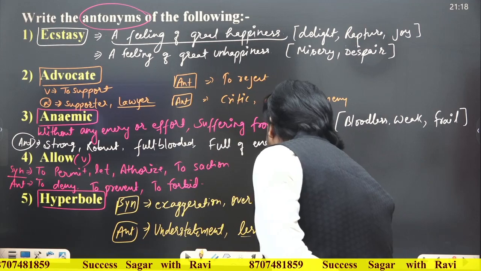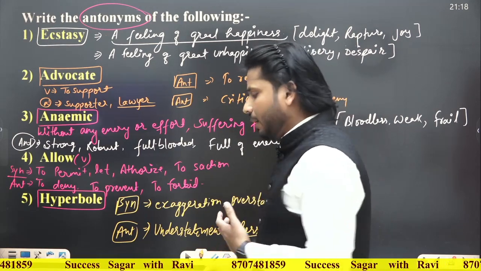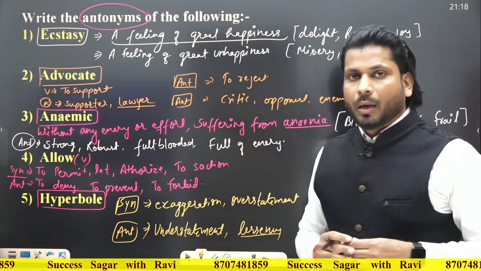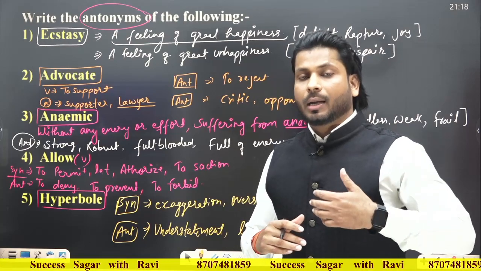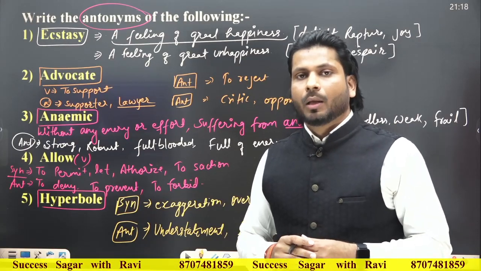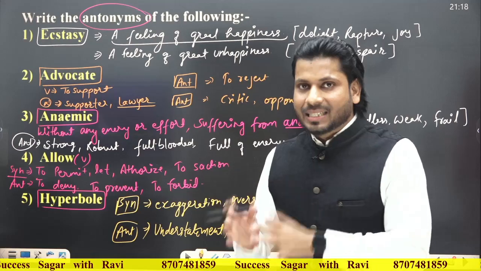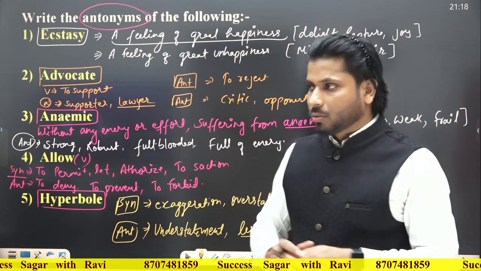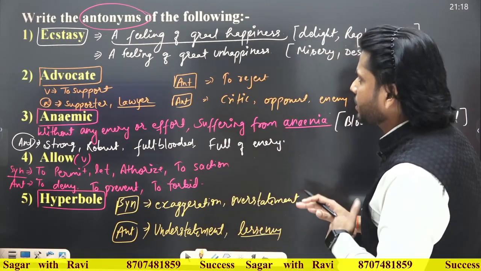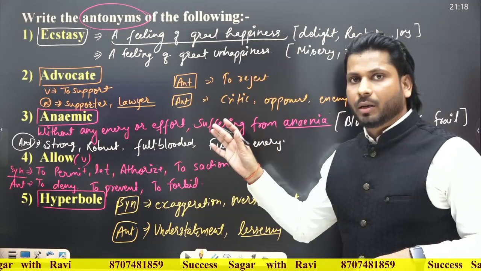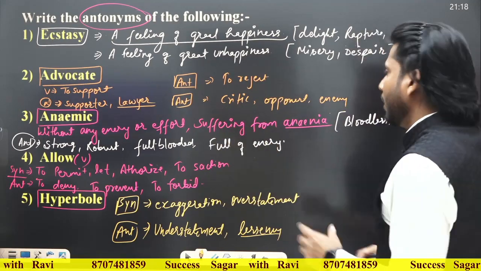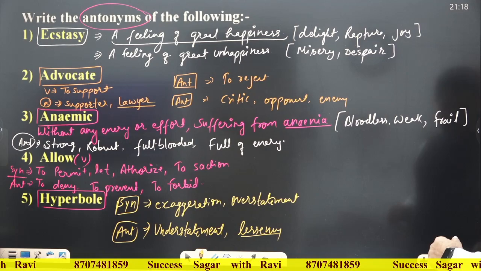Understatement is also a kind of speaking that makes something less important than it really is. So these are the possible synonyms and antonyms of the given words written over here. Let us talk about some more concepts.